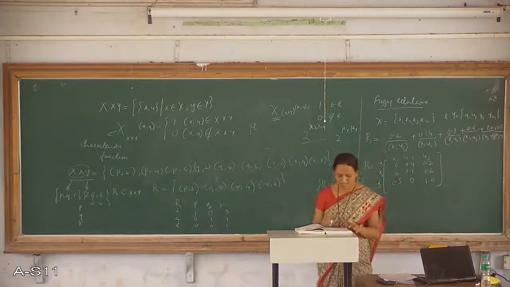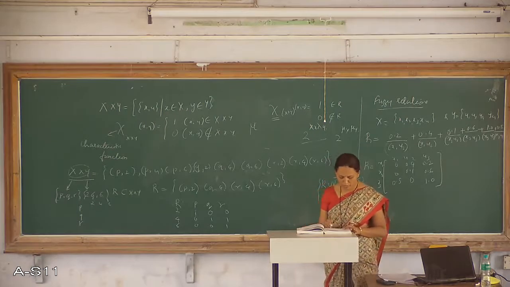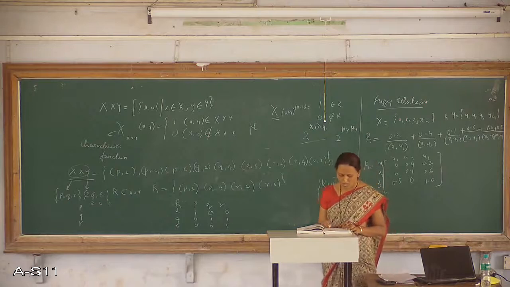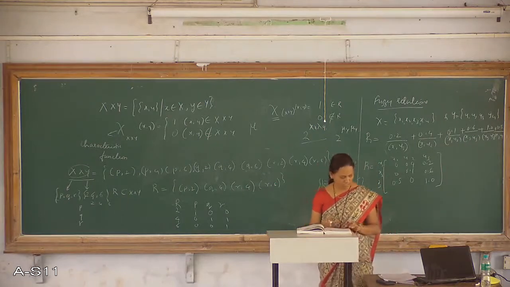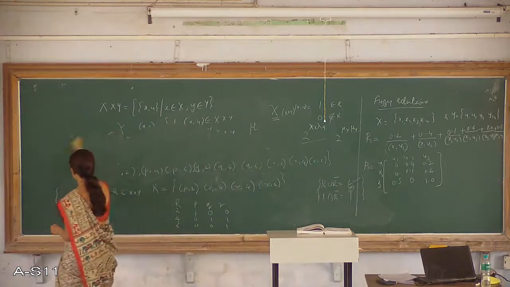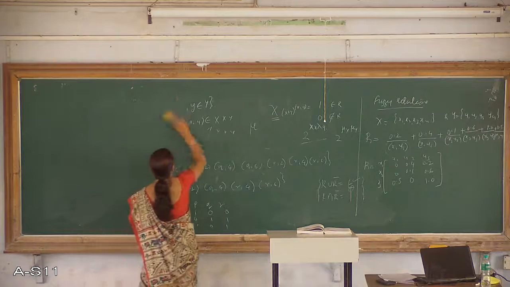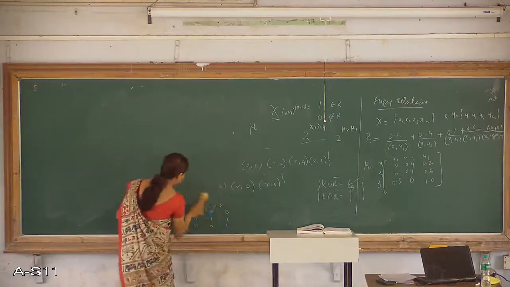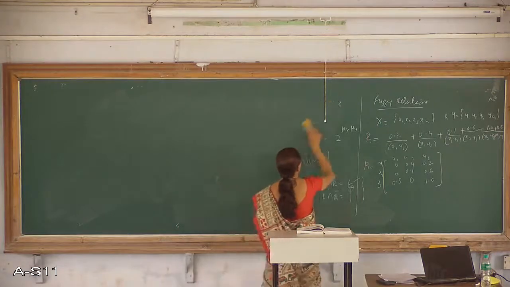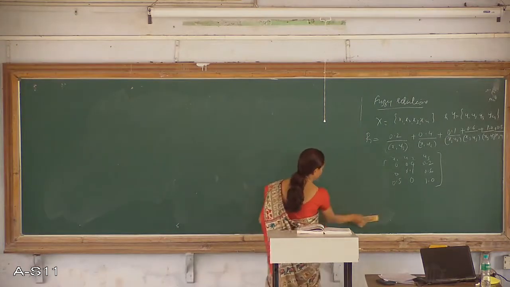So the fuzzy composition is very important. Many of the problems are based on it. In the fuzzy composition there are two types. I'll write them down, as we require them to solve some of the problems. The problems are very important from this chapter. We'll solve some of the exercise problems along with the solved problems in your textbook.